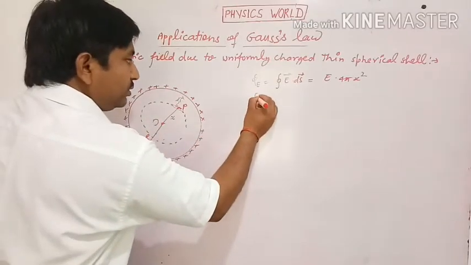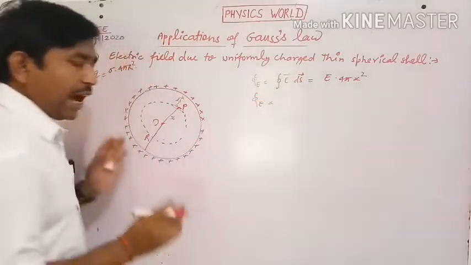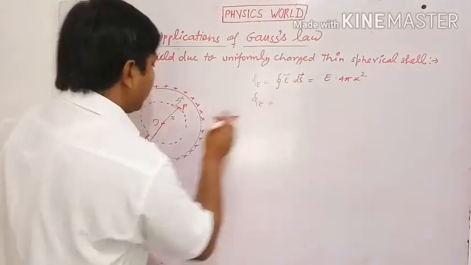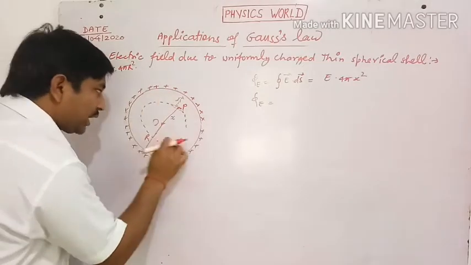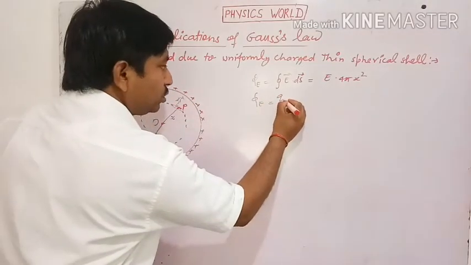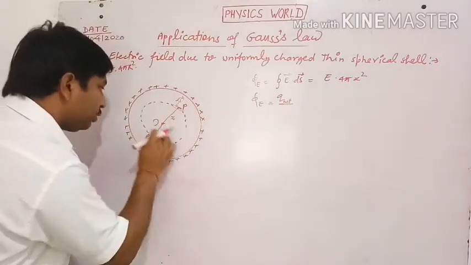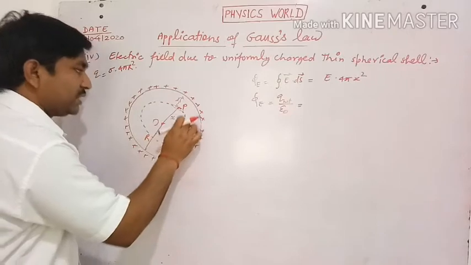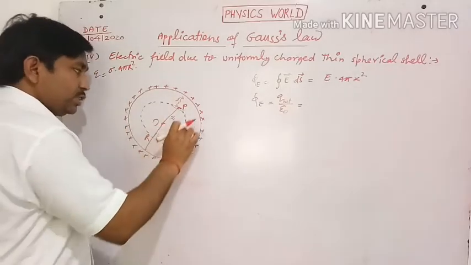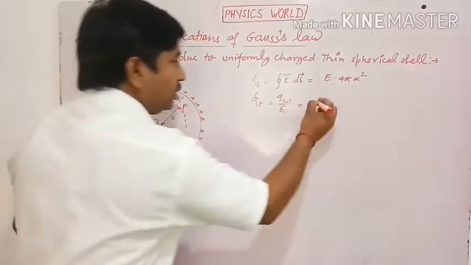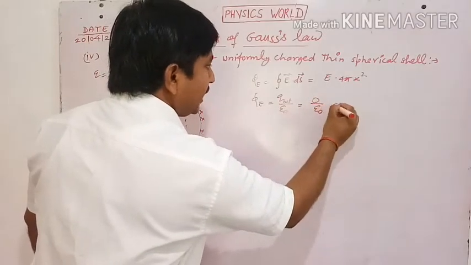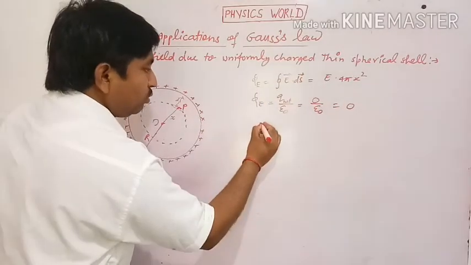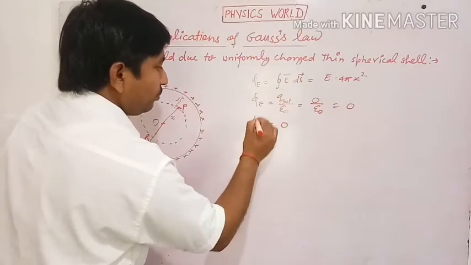Now if we apply the Gauss law, then the total electric flux passing through this enclosed surface is equal to the total net charge bounded by that enclosed surface divided by epsilon naught. There is no net charge present inside the spherical Gaussian surface, so this will be equal to 0 upon epsilon naught, that is 0. So on comparing these two, what will be the value of E? That is equal to 0.